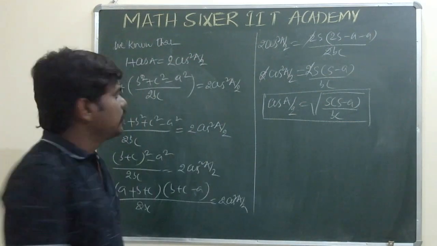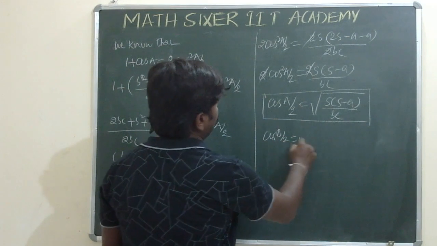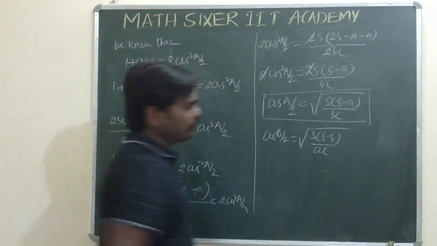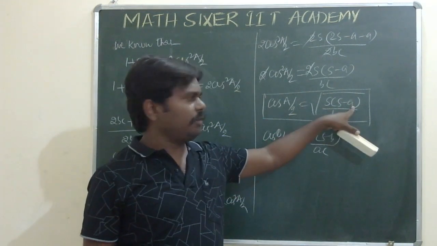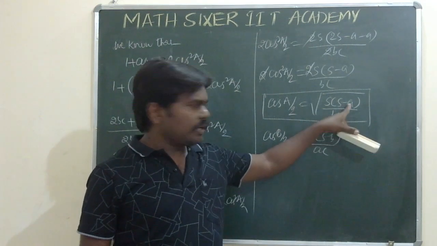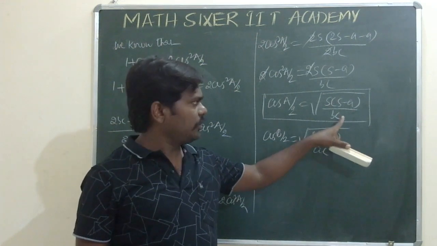Okay. So similarly here we can write cos b by 2 value which is equal to what? s into s minus b by ac. Simply what we have to do, means here a we have, here we got s minus a, so for b we got s minus b. So here bc, means the rest of the sides, length of the sides bc is there in the denominator.